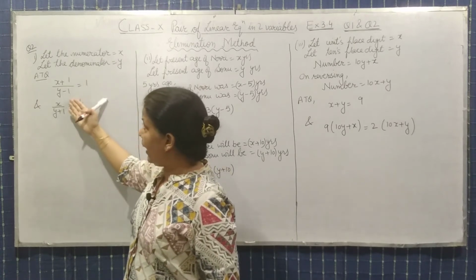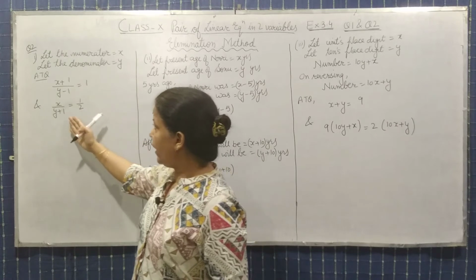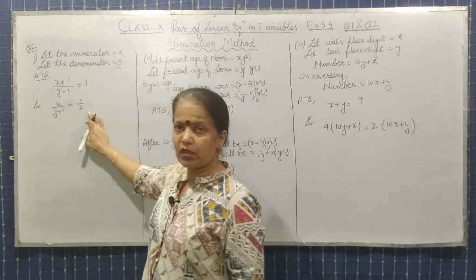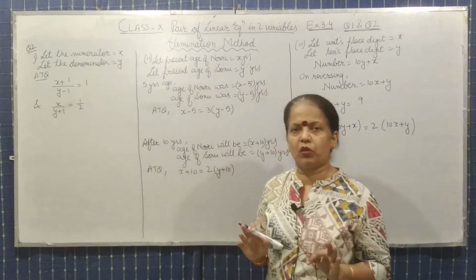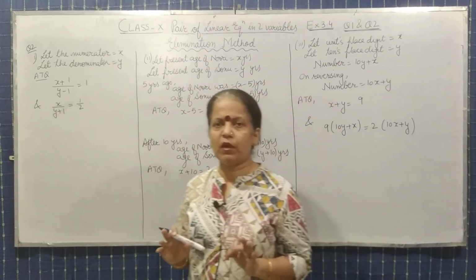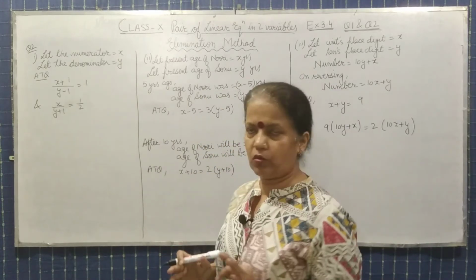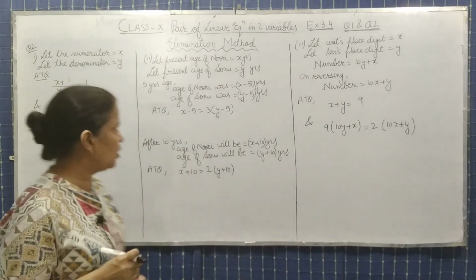I will try to make the linear equations over here, and the rest of the part you will do it yourself. Okay, and the method which you know it very well, that elimination method, and that you will use it.